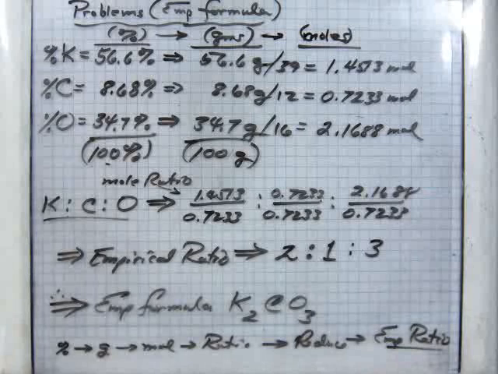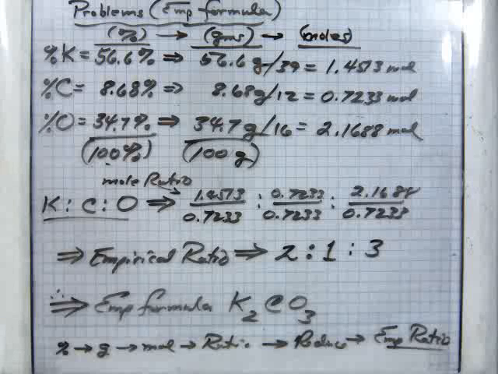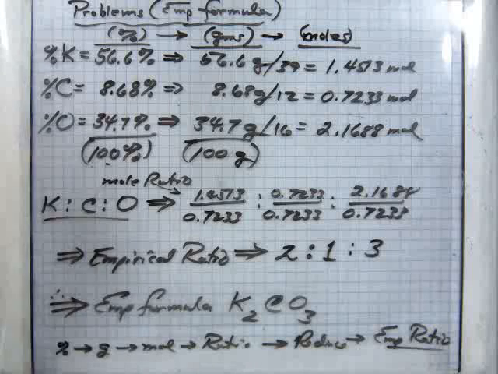Simple as that. Now, in this problem, we were given percent per hundredweight, right? So the second problem is giving you mass values. So what you need to do first is convert to percent per hundredweight. It's nothing more than percent composition based on the numbers given, and then you follow the same percent to grams to moles, ratio, reduce, and empirical formula.